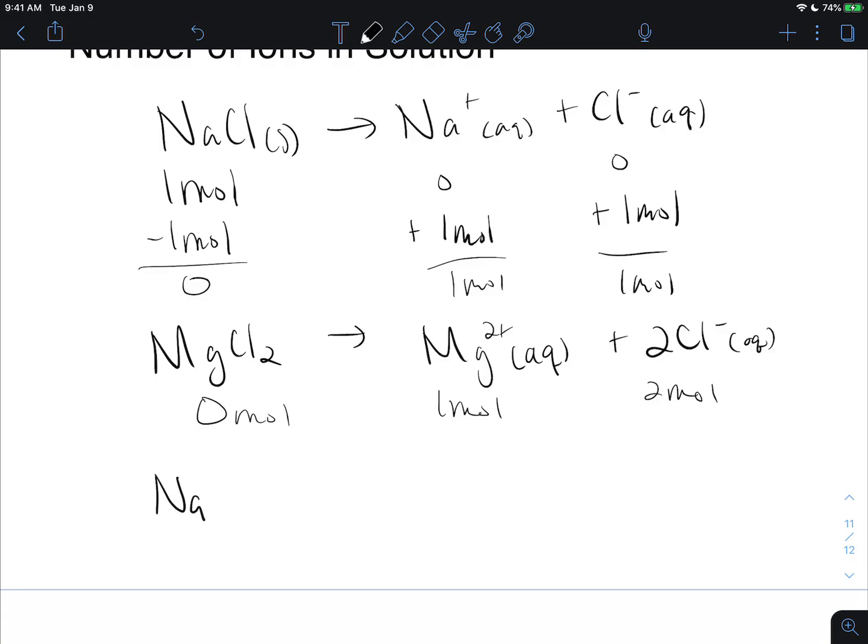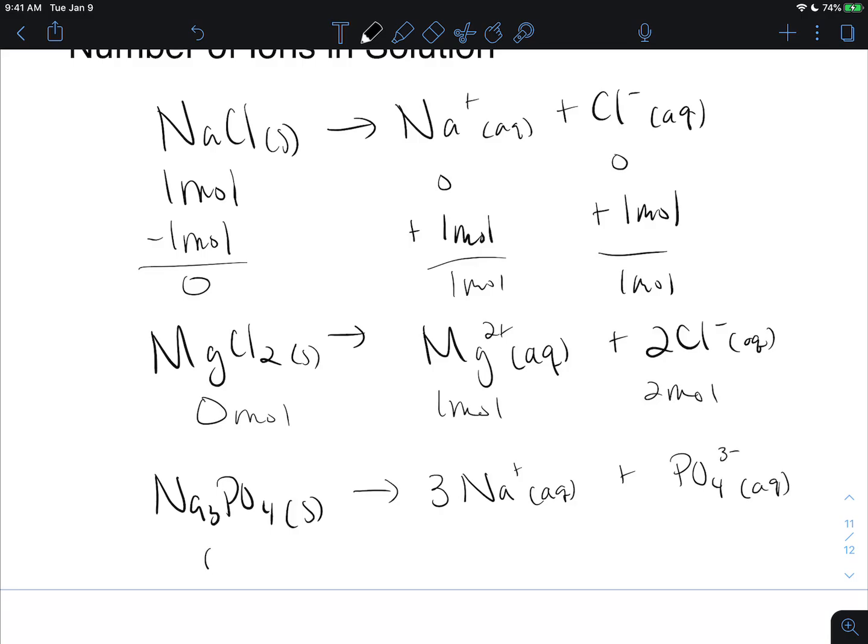Something like sodium phosphate. When we dissolve that, we'll produce 3 ions of sodium and 1 ion of phosphate. So again, we'll have 0 moles after we've dissolved here, 3 moles here, and 1 mole here.